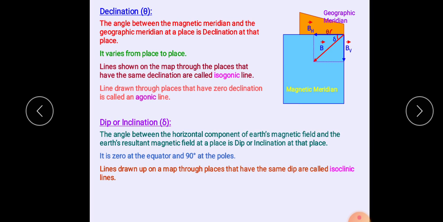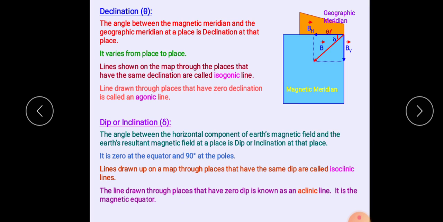Lines drawn on a map through places that have the same dip are called isoclinic lines, and the lines drawn through the places that have zero dip are known as aclinic line. It is the magnetic equator.